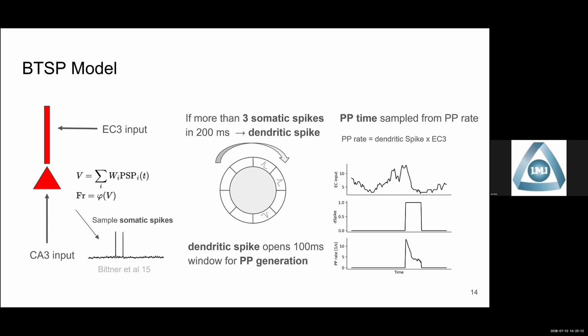These numbers are biophysiologically constrained. This means I get my EC3 input, it wobbles around like this, and I get a D spike, it opens a window, and then I mask this, and I can take this as a plateau potential rate. Does that make sense? Yeah, okay, good.